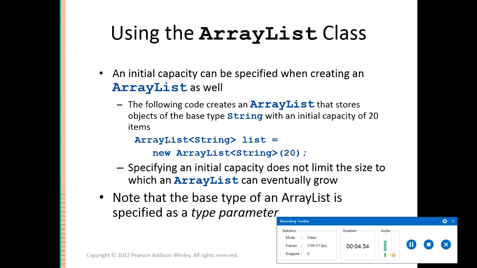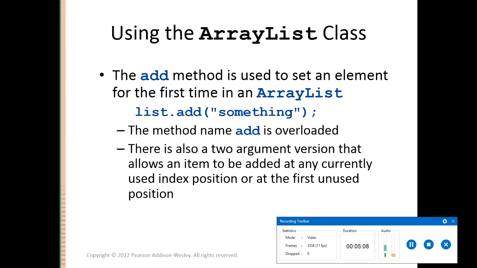For example, in the code given here, ArrayList of string means I am creating an ArrayList of the string data type. The name of my ArrayList is list, and it has an initial capacity of 20 elements. Specifying an initial capacity does not limit the size to which an ArrayList can eventually grow. My ArrayList can have more than 20 elements also. It can grow beyond this size. So the base type of an ArrayList is specified as the type parameter.